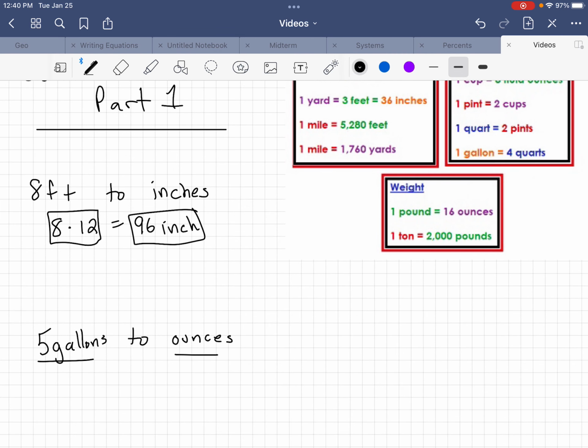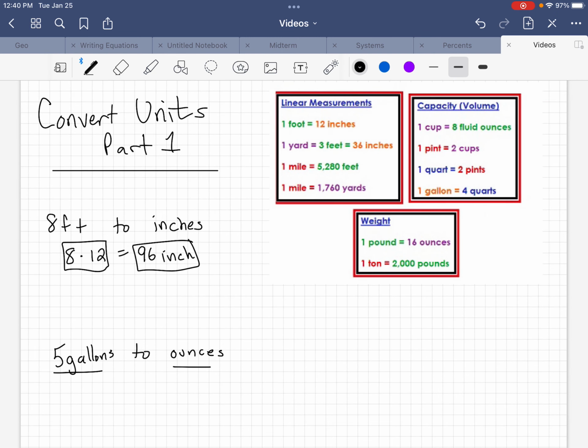5 gallons, 2 ounces. Wow. 5 gallons, 2 ounces. So 1 gallon is 4 quarts. So we've got to go from gallons to ounces. So gallons to quarts would be a multiplier of 4.